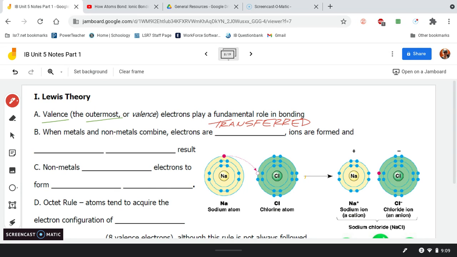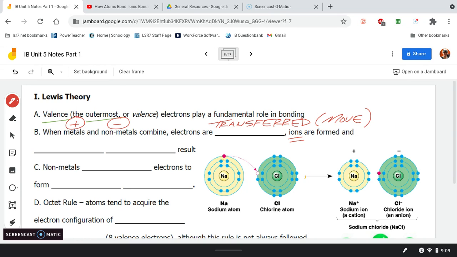Transferred means they actually pick up and go somewhere else. You might want to put a little plus sign above the metal, because metals form cations, and a little minus sign above the non-metals. When they bond, these ions are formed, the plus and the minus.